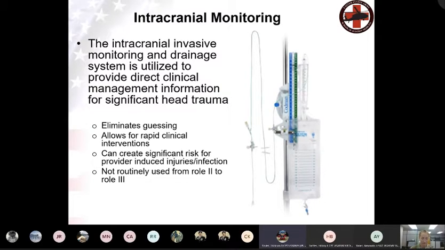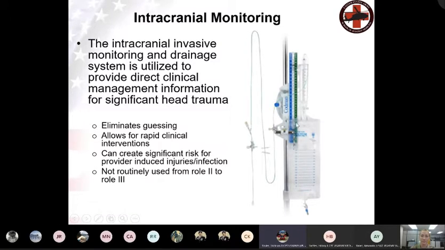Unlike the other, you actually have to level this one to the tragus of the ear instead of the phlebostatic axis of the chest. I know they just changed it recently, and what makes it confusing is there's millimeters of mercury, and there's also water. So you have to make sure what the order is written for, what you're going to be leveling this device to.